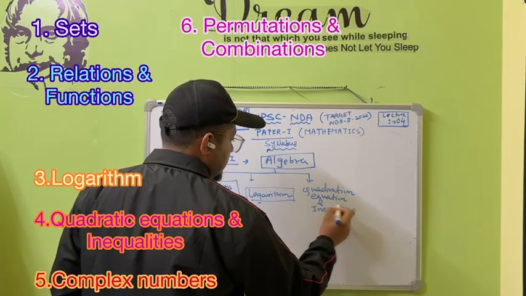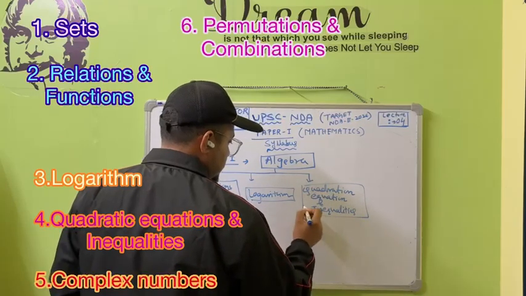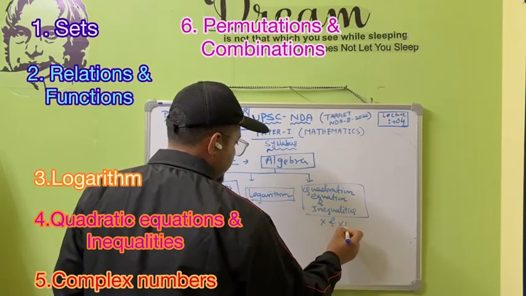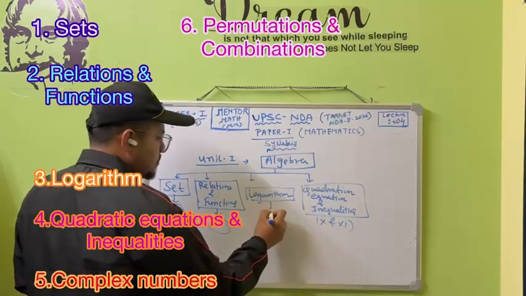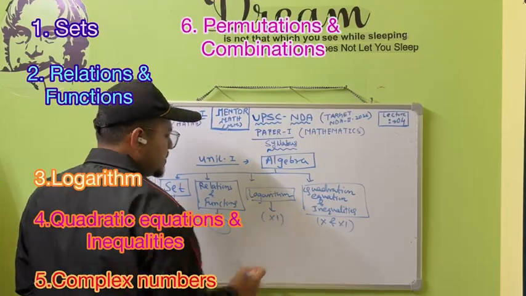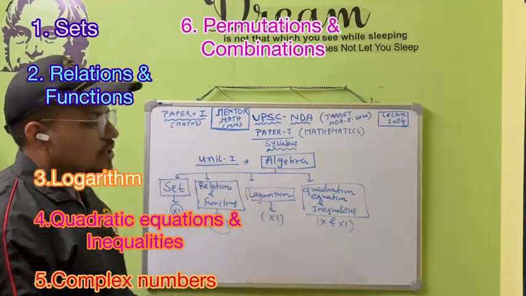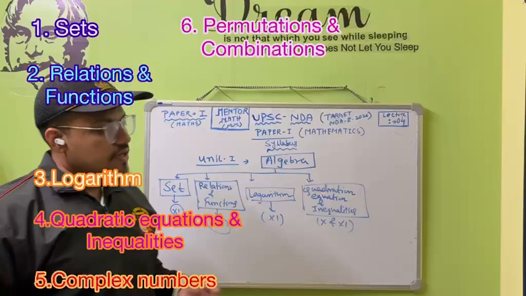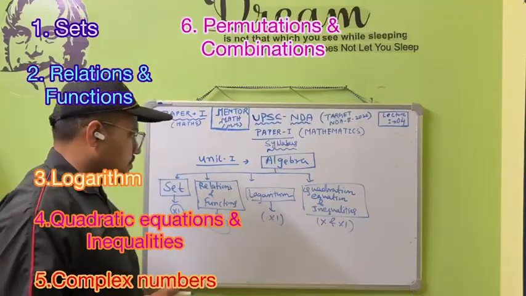These chapters are from class 10 and class 11. And this logarithm you will basically study in class 11 as an extra, because this chapter is not included in your CBSE syllabus, but we'll study this logarithm chapter.